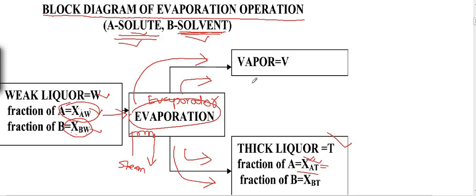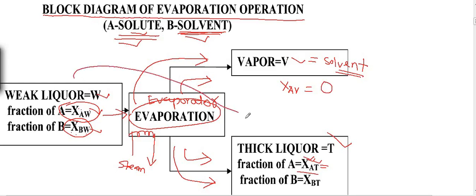From the top of the evaporator, vapor is removed, and this vapor is only a certain part of the solvent. So XAV, the fraction of solute in vapor, will be 0, because all the solute present in the weak liquor ends up in the thick liquor.